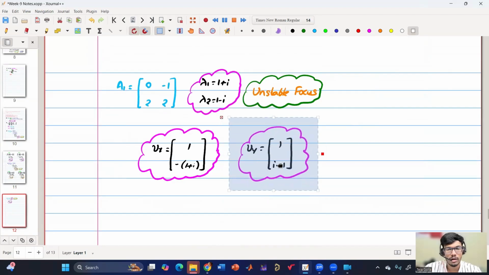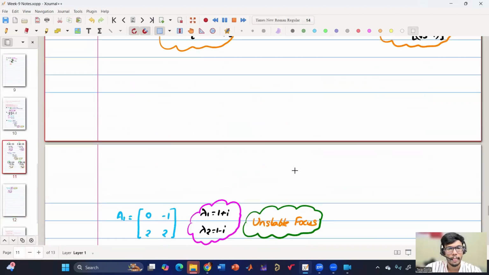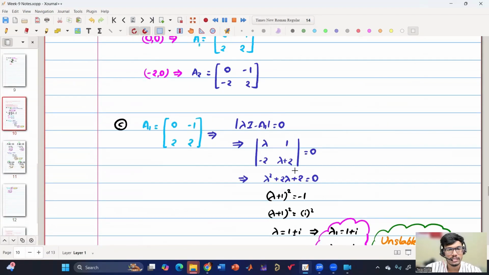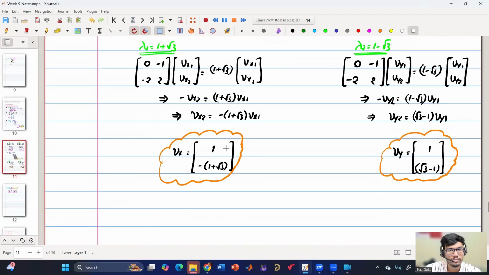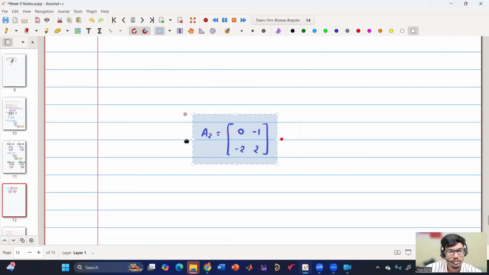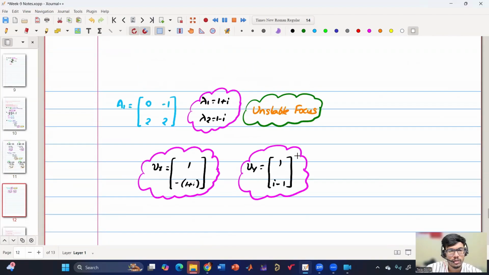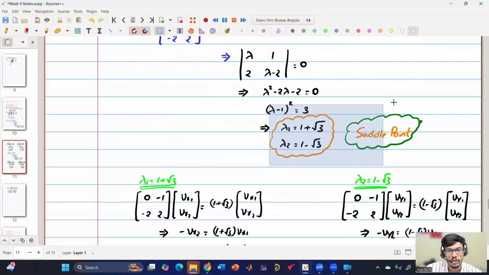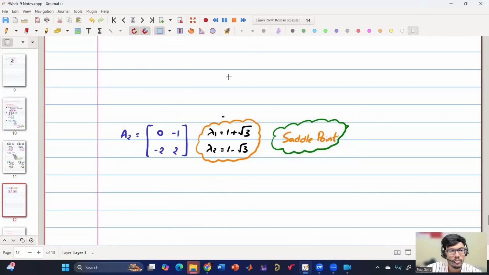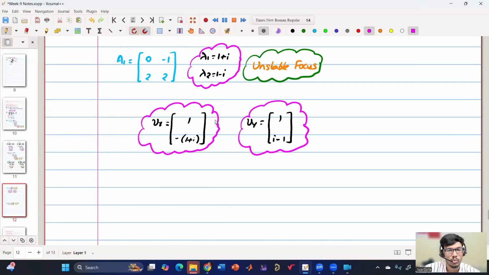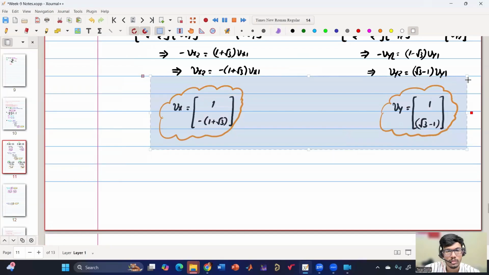So this is what we got for the first case. And then for the second case, this is my A2, and we got a saddle point. Then we got two eigenvectors for each.